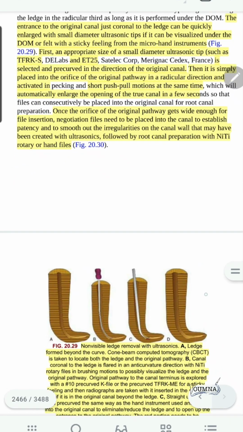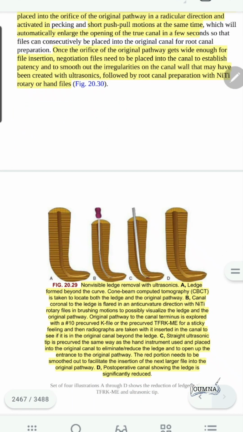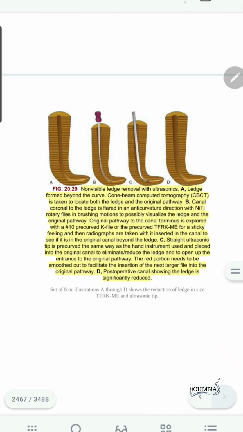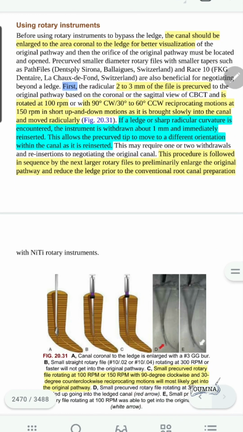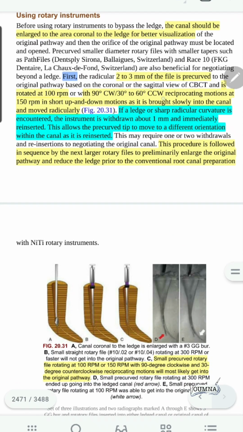Then we continue the preparation using nickel titanium rotary files. We can use nickel titanium files to flare up the canal coronal to the ledge formation before we bypass it. The final way in bypassing a ledge is using rotary instrumentation. We first do a coronal preparation to the ledge to enhance the visualization of the ledge.